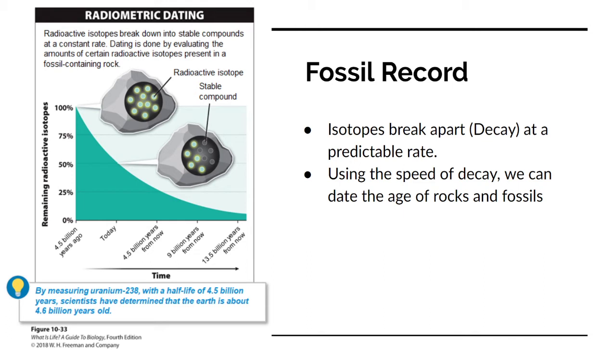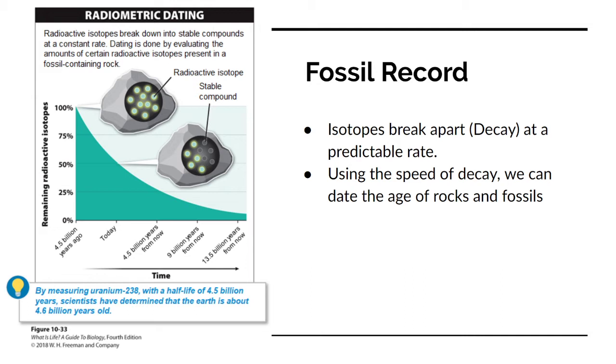One of the ways we can date fossils is using a process called radiometric dating. Isotopes are elements with the same number of electrons and protons, but different numbers of neutrons in the nucleus. So they have the same atomic number and a lot of the same electrochemical properties, but they have different weight. The neutrons give weight but don't affect other things related to the atom.